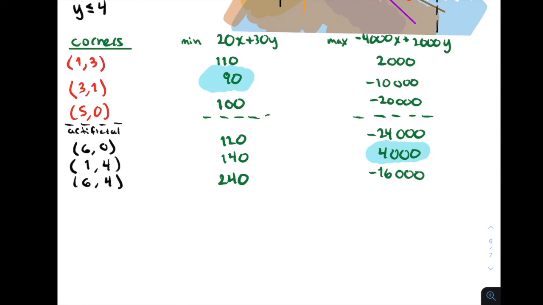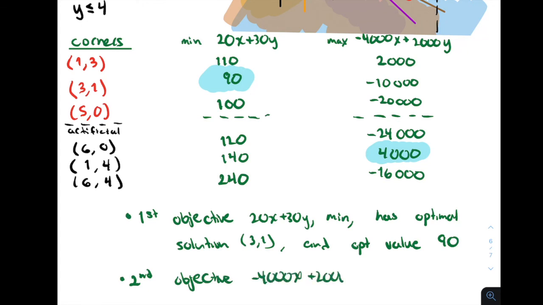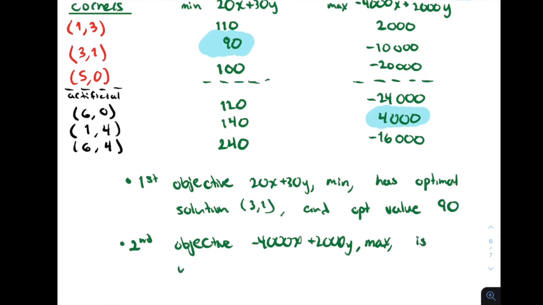So to write down our results, the first objective function of 20x plus 30y, where you're trying to minimize, has optimal solution (3, 1) and optimal value of 90. The second objective function, negative 4000x plus 2000y, which was a maximization problem, is unbounded.